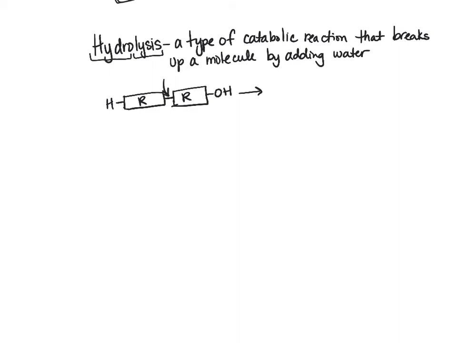We're going to take water and put it right in this bond here. And then we get what we started with in the other reaction that we saw, plus this. So hydrolysis is using water to break down molecules, and we see the opposite of our other reaction.